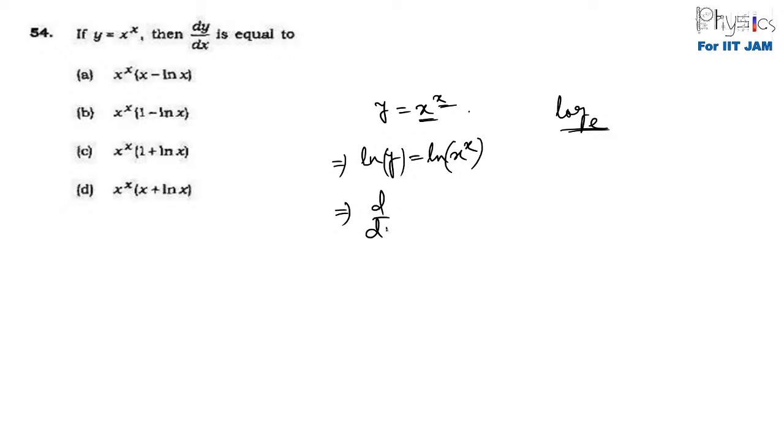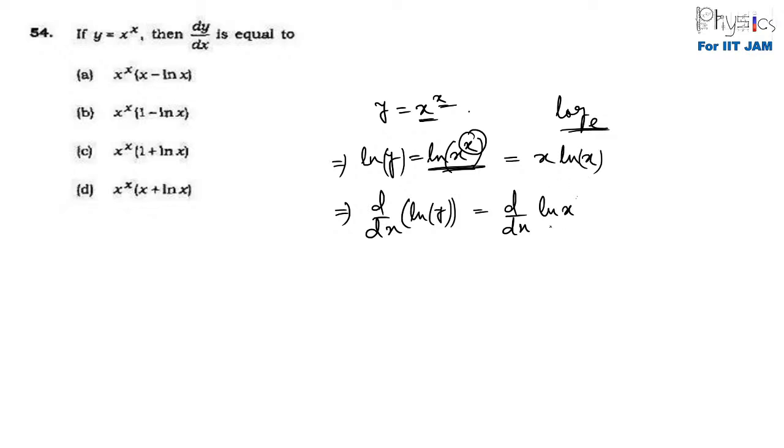So d/dx of ln y equals d/dx of ln x to the power x. Now ln x to the power x means the power x comes out as multiplication and we get x times ln x.